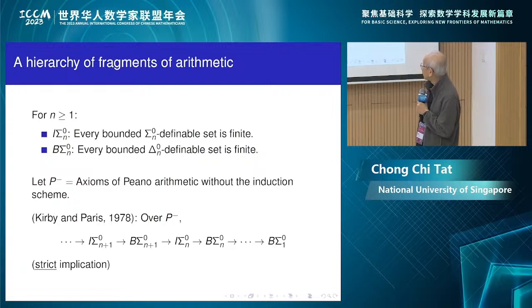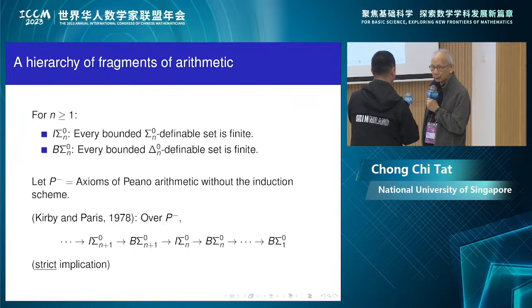And then it was proved by Kirby and Paris a long time ago that over the system P minus, I sigma n plus 1 strictly implies B sigma n plus 1 and strictly implies I sigma n.